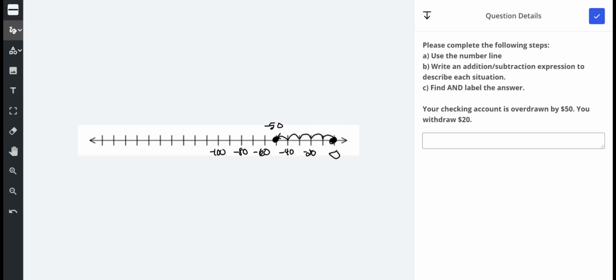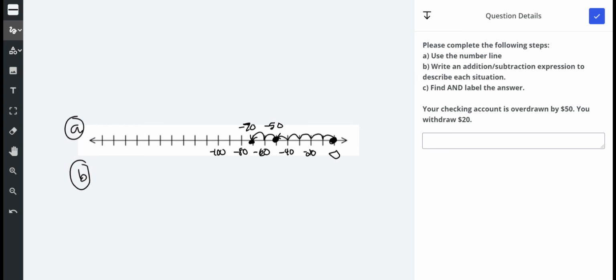So that's indicating that we've overdrawn $50. Now we're going to withdraw $20. So we're going to take 20 more dollars out of our account. So that means I'm going to go back to the left 2 more because each of them represents 10. So negative 70. So here's letter A.